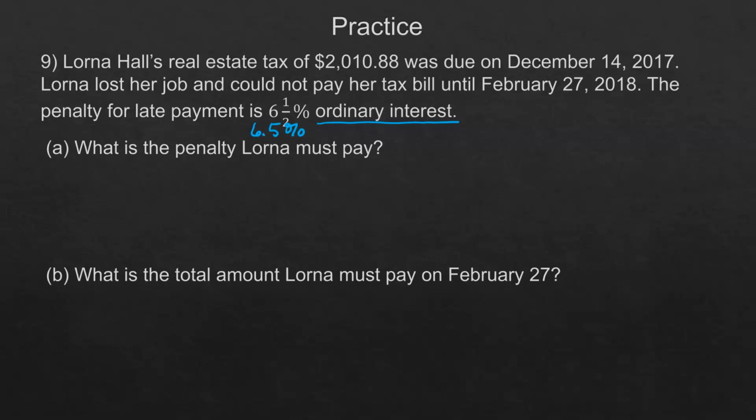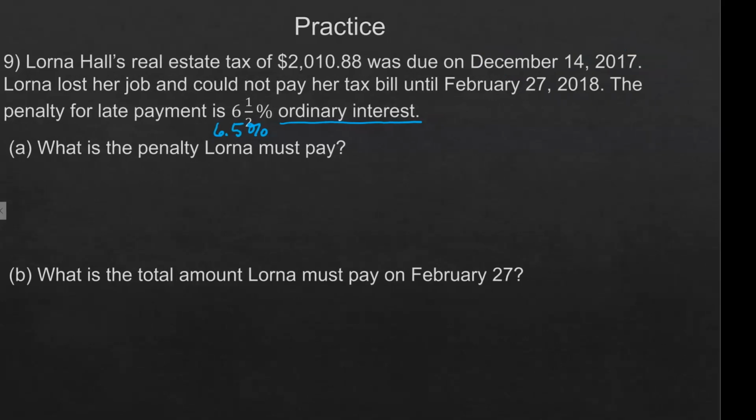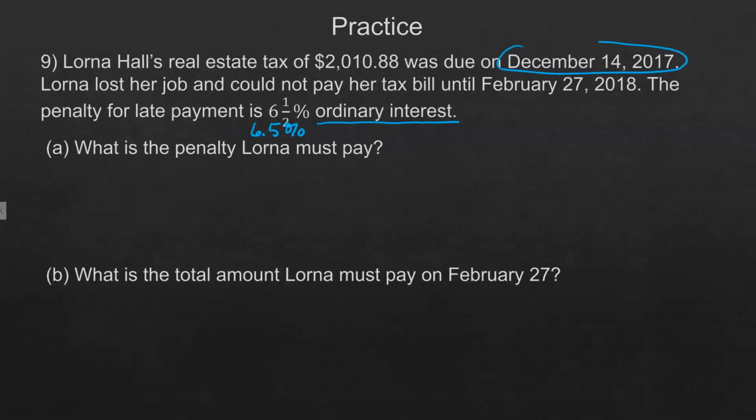We do need to find the number of days between December 14th and February 27th. So use your date function for that and compute DBD, and you'll find that it is 75 days. All right.